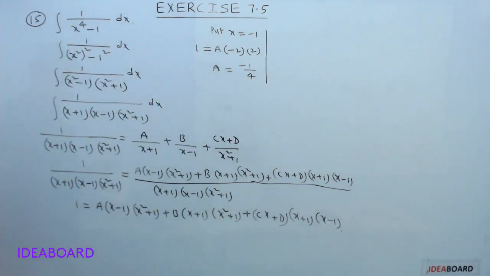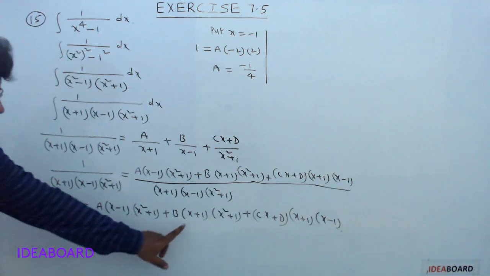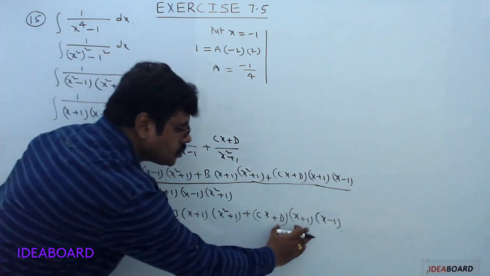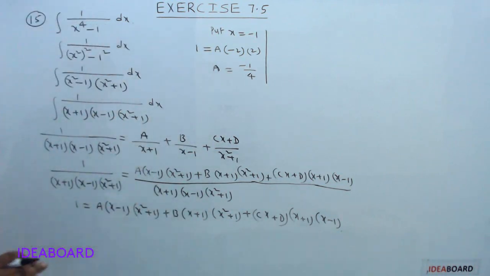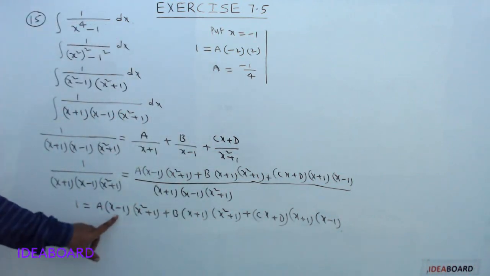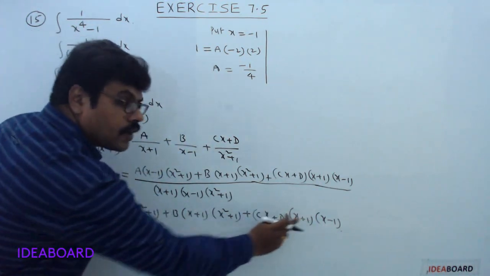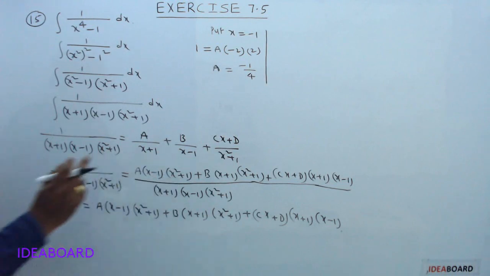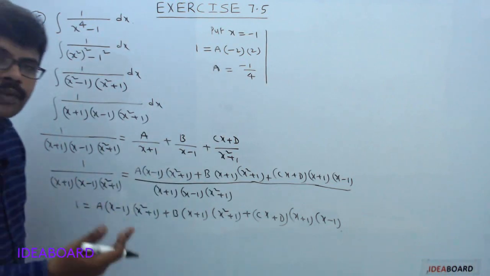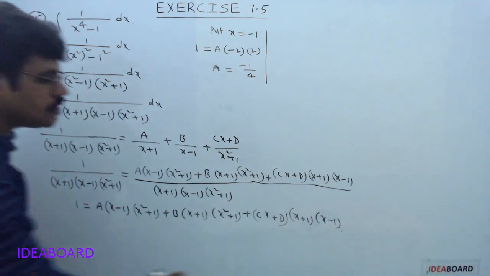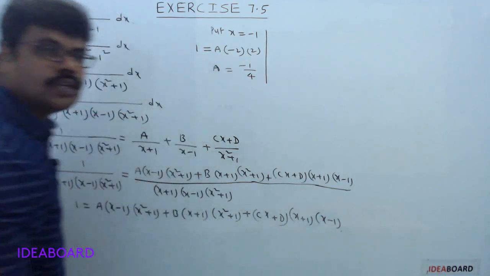Next, how to find the b value? To calculate the value of b, make the first and third terms 0 simultaneously. Here x minus 1 is the common factor to the first and third terms. If you substitute x equal to 1, then the first term will be 0, and the third term is also 0.